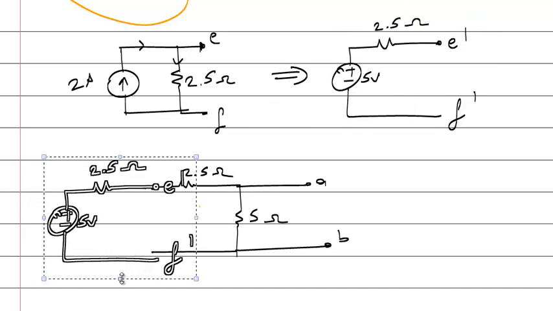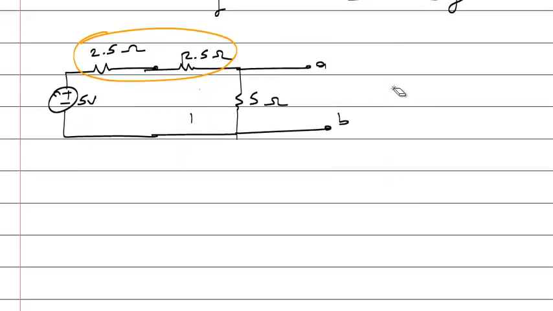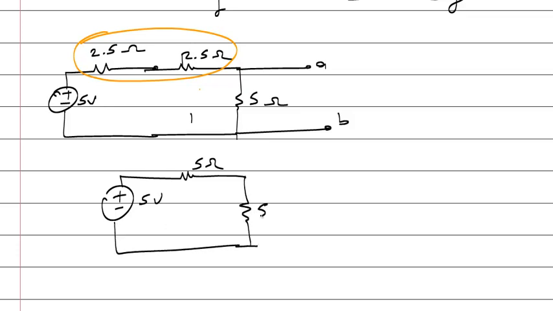So here these two resistors are in series. Let me redraw the circuit: 5 volts, 5 ohms, 5 ohms, A and B.